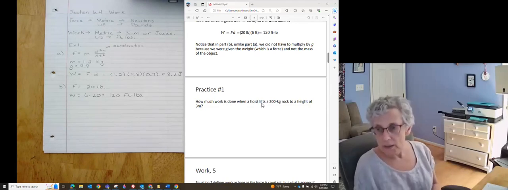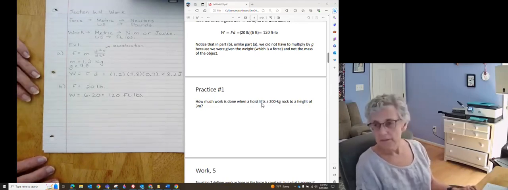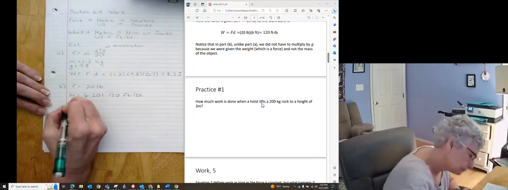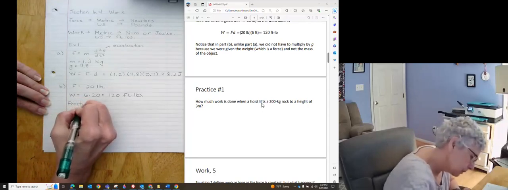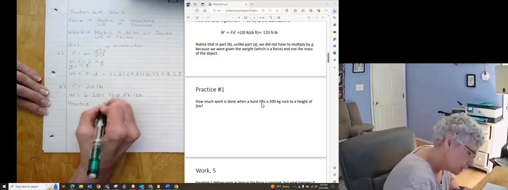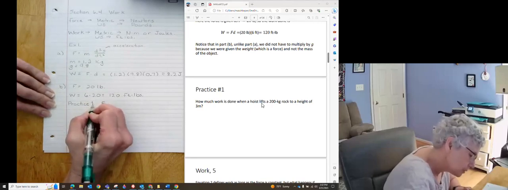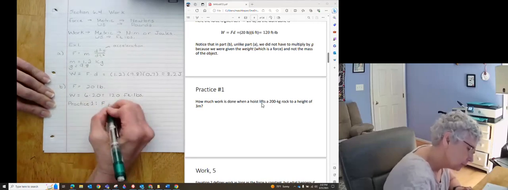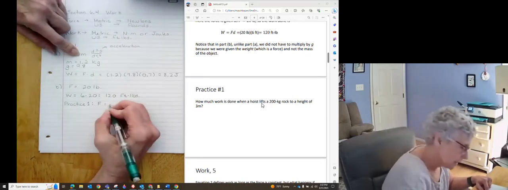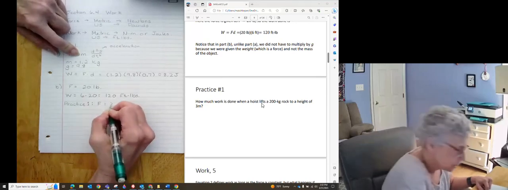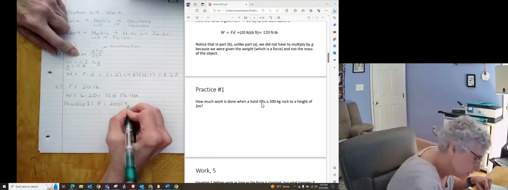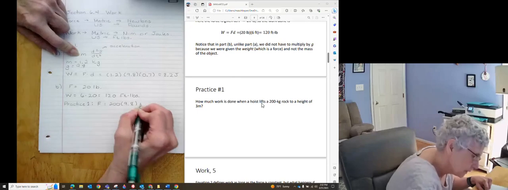How much work is done when a hoist lifts a 200-kilogram rock to a height of 3 meters? Again, the rock isn't changing its force, so force would just be equal to mass times acceleration. Mass is 200 kilograms. Acceleration is 9.8.